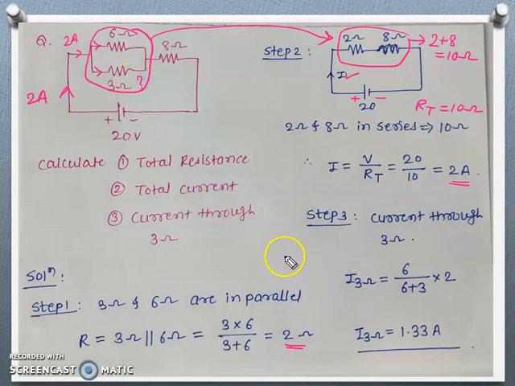So use the current division rule, CDR, here. I 3 ohm is equal to, for 3 ohm, take the opposite of it, 6 ohm. So 6 divided by 6 plus 3, into total current 2 ampere. So it will be 1.33 ampere. So the required current flowing through 3 ohm will be 1.33 ampere.